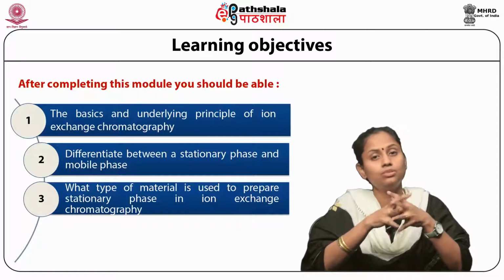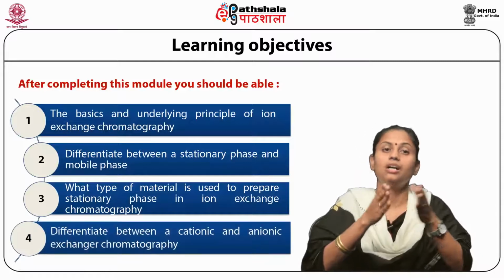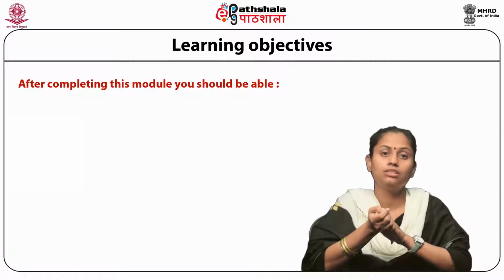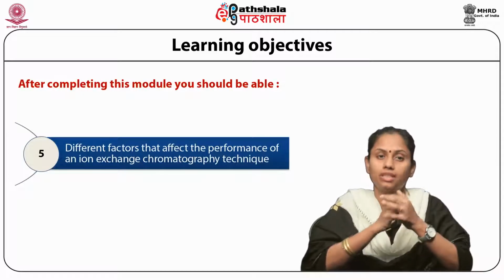Next, the students will be able to differentiate between a cationic and an anionic exchange chromatograph. And lastly, the students will understand the different factors that affect the performance of an ion exchange chromatographic technique.